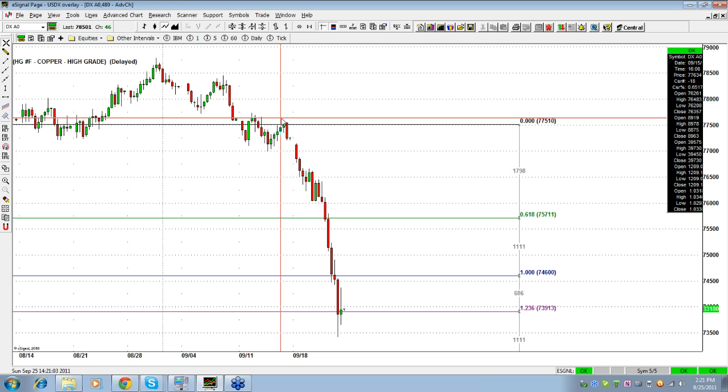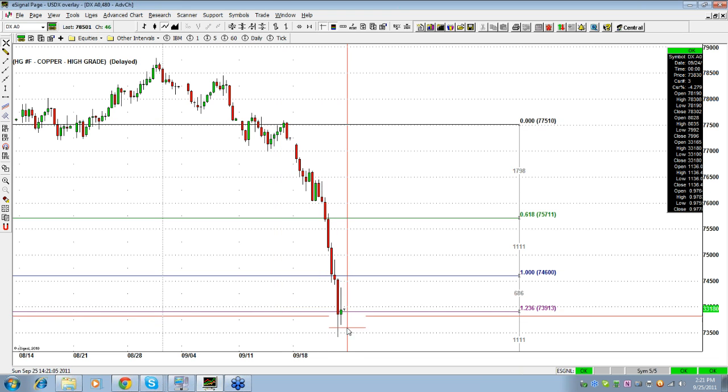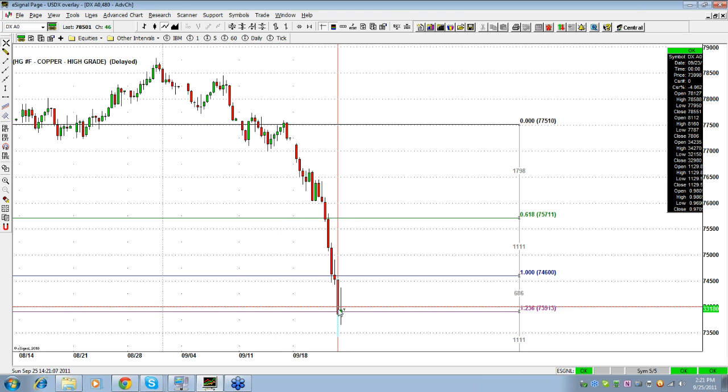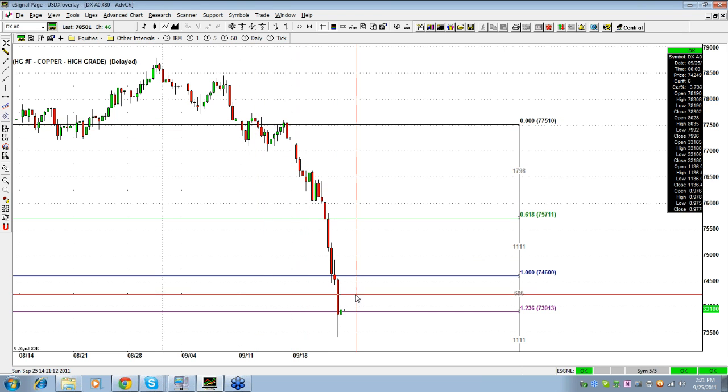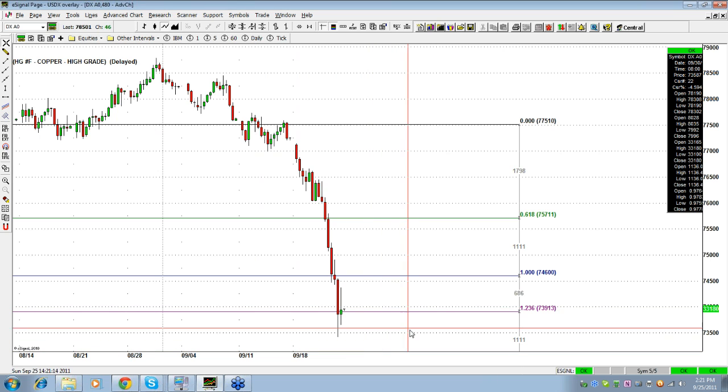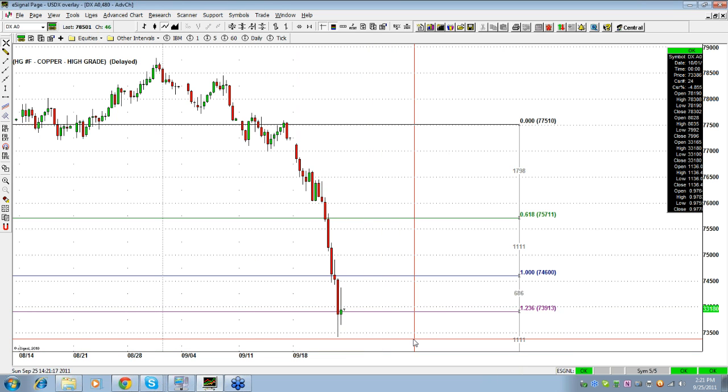And then it looks like copper is right here now in the correction from here. So at least you're going to get three more lows in copper, which is telling me that we're going to have three more lows on Aussie. It's telling me that we're going to have three more highs in dollar CAD, and it's telling me that we're going to have more dollar strength before we get into wave 2.